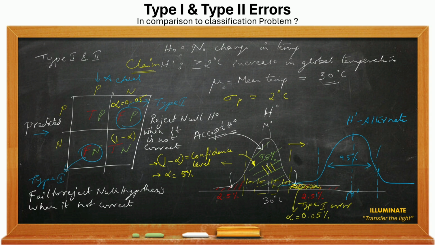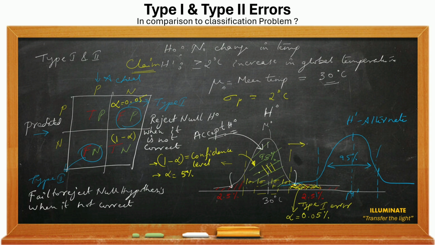How is it coming as true negative? Because we are talking in the context of the null hypothesis. This is what positive is, what we are claiming: an increase of 2 degrees Celsius. But if it comes here, that means we are not saying that it has increased by 2 degrees. There is no change, and that is not our claim.